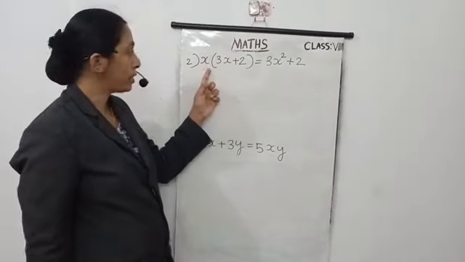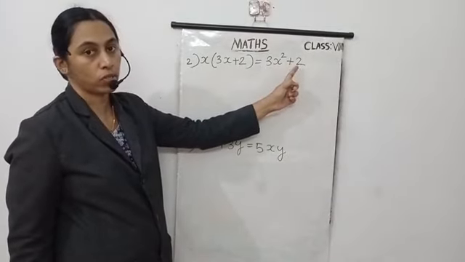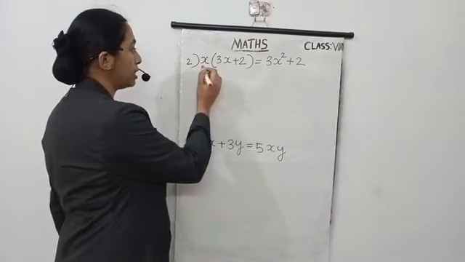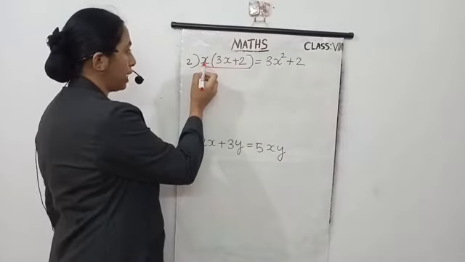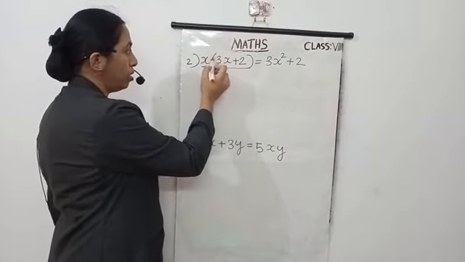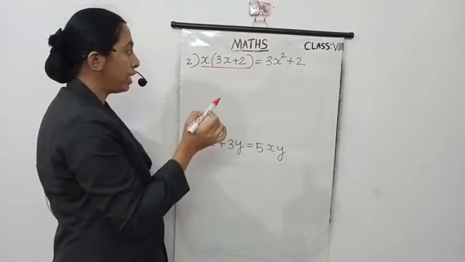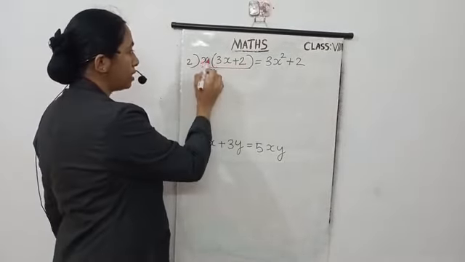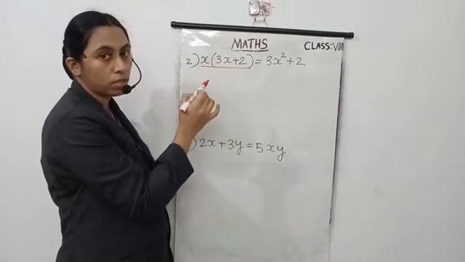Now second question, x into 3x plus 2 equals 3x square plus 2. Is it correct? We take this LHS part and do multiplication. So x, a variable, into an expression inside the bracket. We already said each term inside the bracket must multiply with this variable.